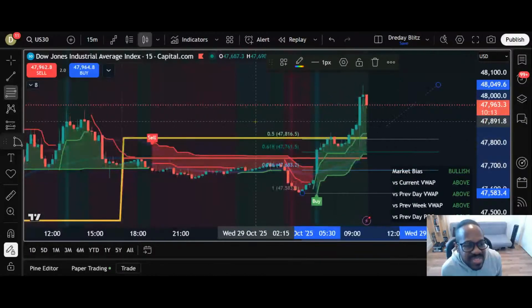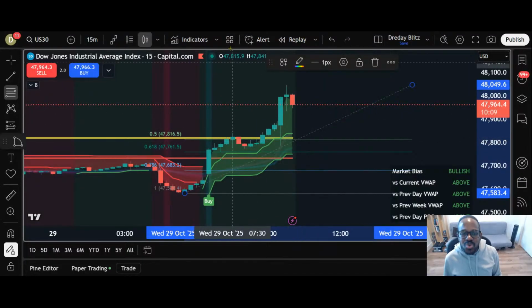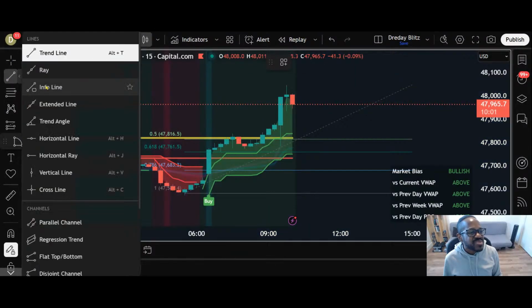So we have the point of control right here. So it should go back to that point of control pretty much. That's 50%. So we'll put the line here.